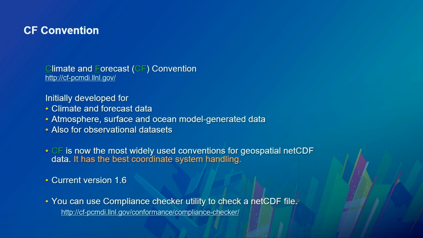The reason we use CF convention, there are a couple of key reasons, but the most important thing is it was initially developed for climate and forecast data, which is the data we are most of the time trying to use. Another important thing is it handles the coordinate system. Because we are a GIS company, we are dealing with GIS data, and the objective is to bring in this data and combine it with other GIS data to do something.